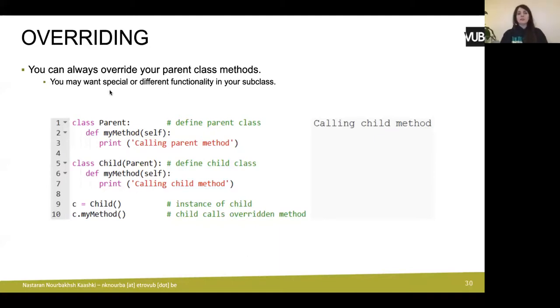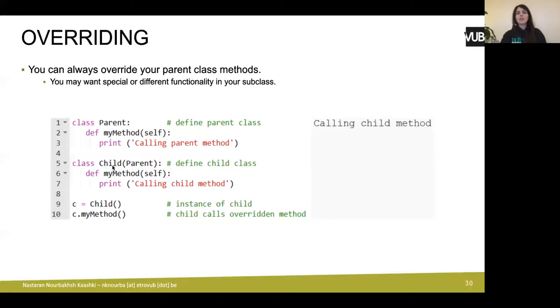You may want a special or different functionality in your subclass. We have class Parent. It has an instance function, my_method(self), and it's just printing a message because it's just an example.